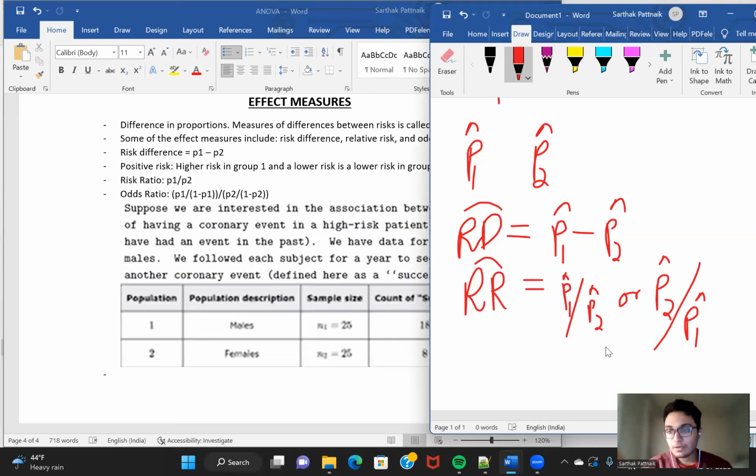So if your second group is considered as a reference group, then you will be doing P1 by P2. And if your first sample is considered as the reference group, you will be doing P2 by P1.